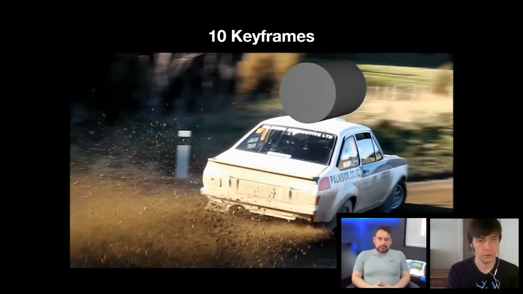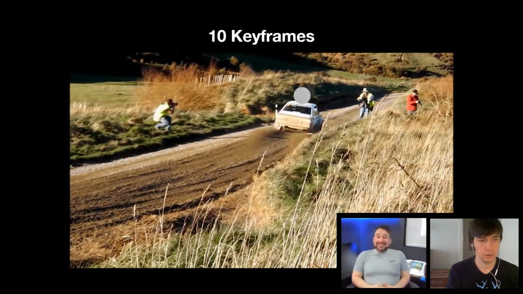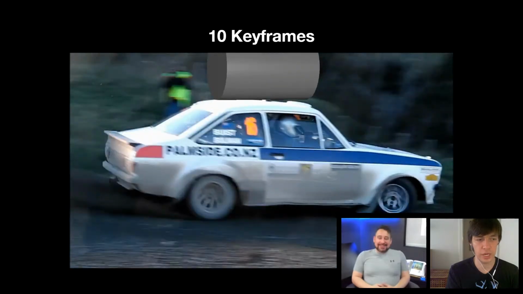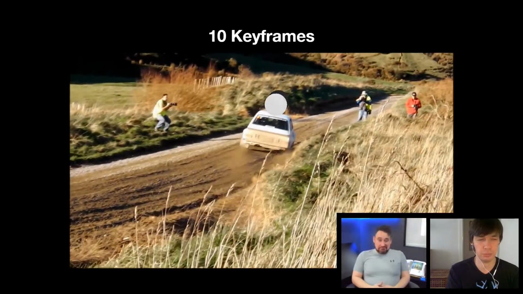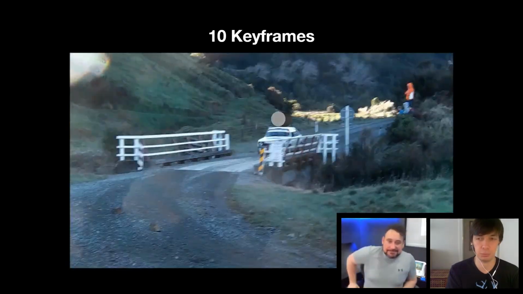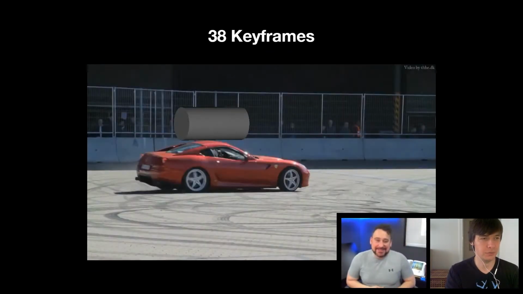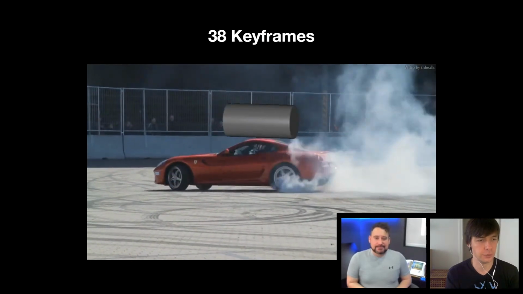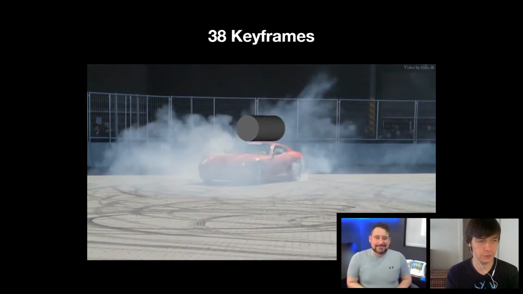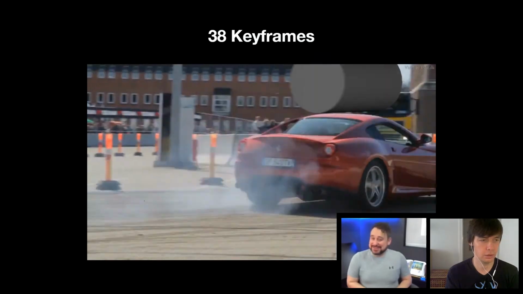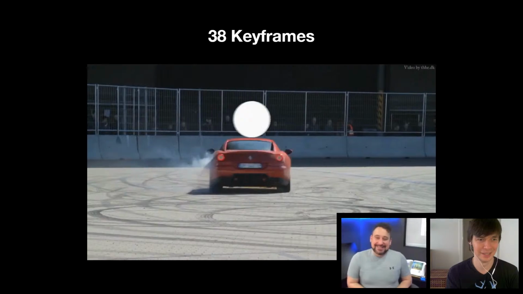The first one was with this Ford. Wow. Yeah, and it took him like 10 keyframes. By the way, there was a guy with basically the same result, but with 3 keyframes. And the second shot was the trickiest one, and here it is. It was this Ferrari and lots of smoke, which makes things quite interesting to work with. Always.